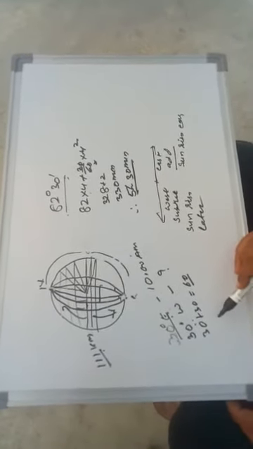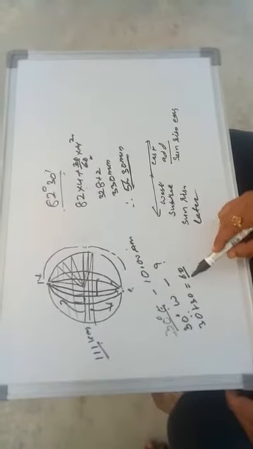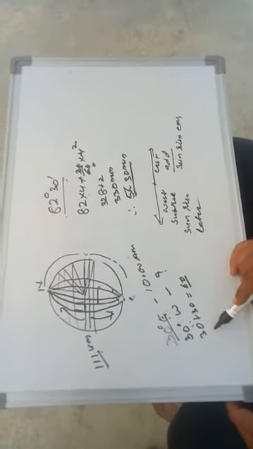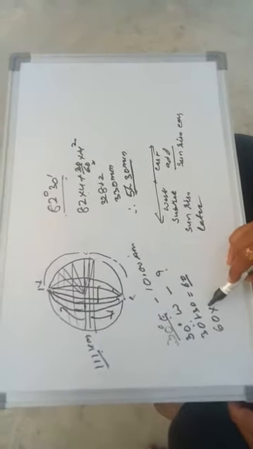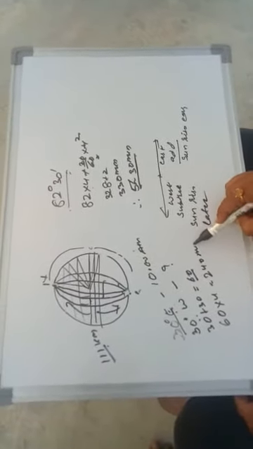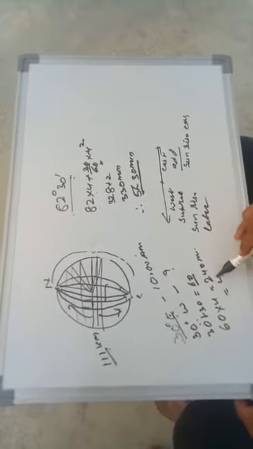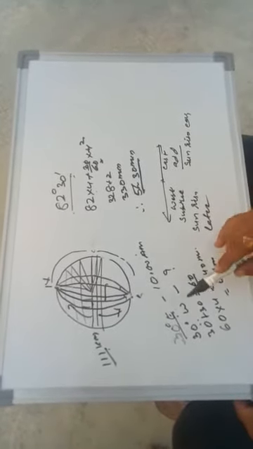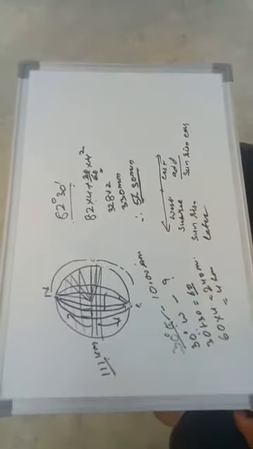To cross one longitude, the sun ray takes 4 minutes. To cross 60, 60 into 4, it is 240 minutes. It means it would be 4 hours.